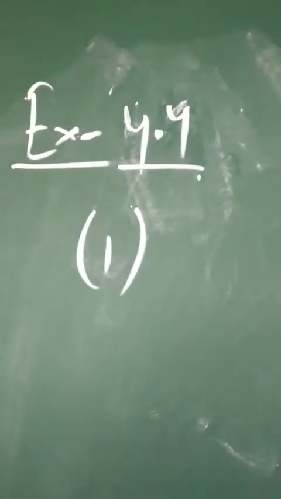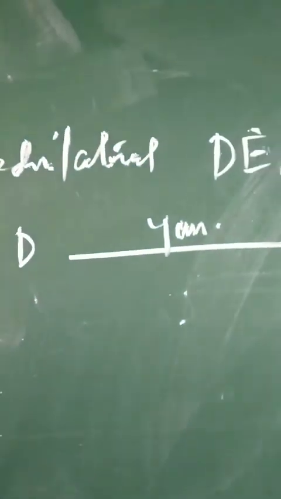to construct a quadrilateral DEAR, in which the measure of DE is 4 centimeter, suppose this is DE, 4 centimeter. The next measure is EA, 5 centimeter.